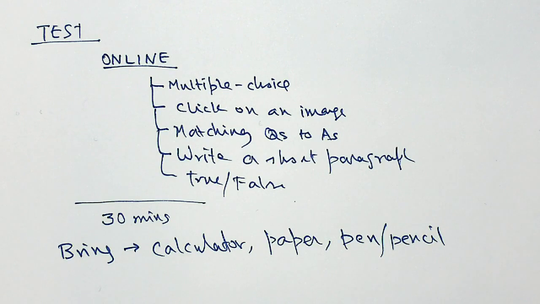The paper may look the same, but the values and the choice of questions would be different. So if multiple choice 1A is the answer for you, it may not be 1A for the next person. The correct answer may be 1D or something for them. This would all be different, and the questions would be all mixed up as well, so you may not get them in the same order.